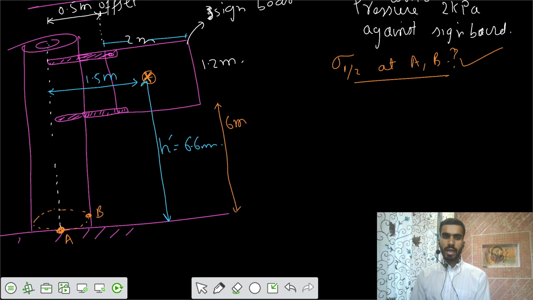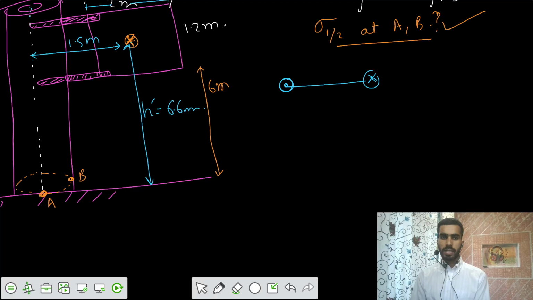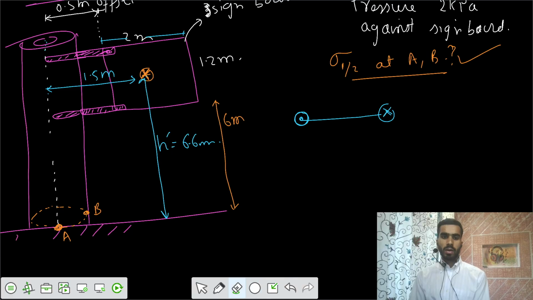So let's take the horizontal effect. There is some load acting here, so a reaction would be upwards. In the top view, you are viewing from the Z direction.